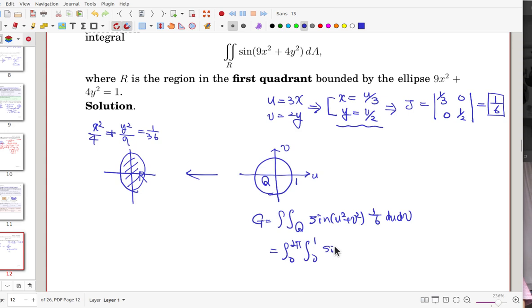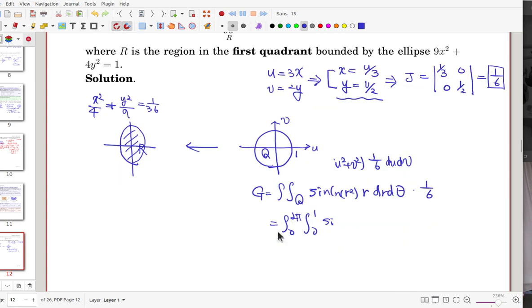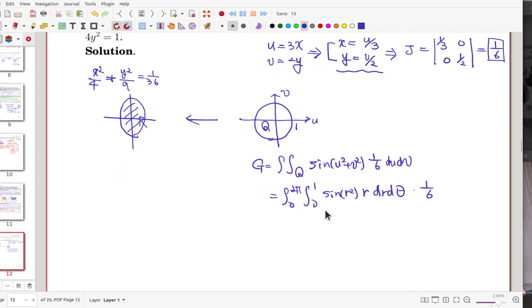That is sine r squared, and we have 1/6. And now we have to put r dr d theta. Let's put the constants outside. Here it is now theta independent, so in the theta direction, we have 2 pi with 1/6. We have pi over 3. And we have to get the integral for that one.